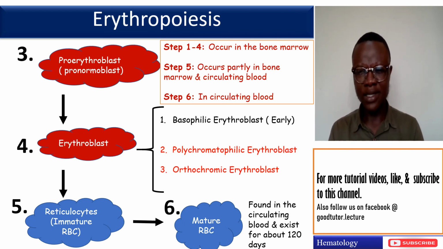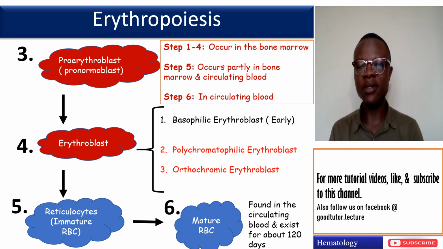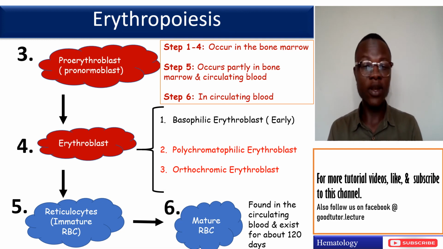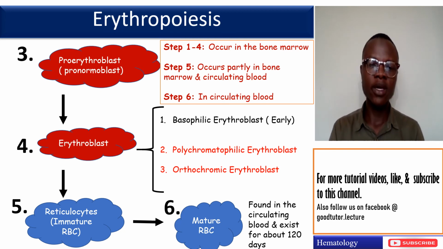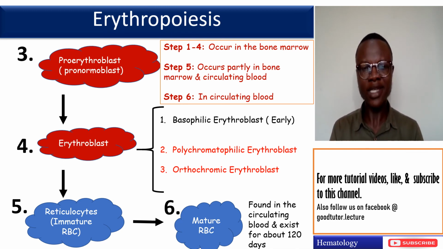At a certain point, approximately 2 to 3 days, the reticulocytes stay in the bone marrow, and for about 2 days, they stay in the blood before being transformed into the mature red blood cell. And lastly, the sixth one, as I already stated, is formed within the blood. So those are the steps.